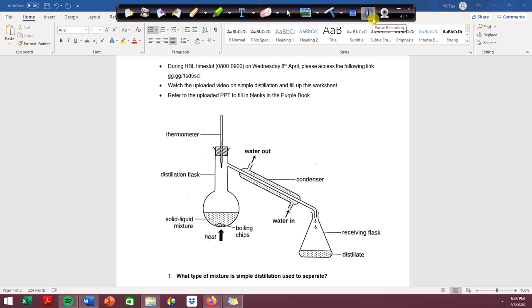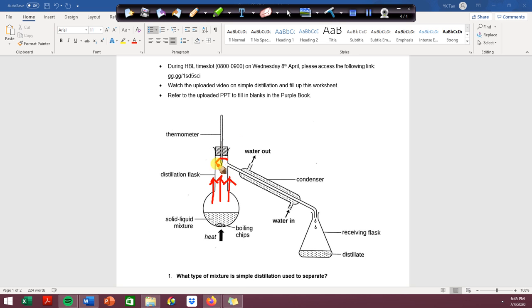Okay, so let's look at the setup for distillation and explain the principle of distillation again. The solid liquid mixture, in this case we are using salt water as an example, gets heated. Then as it gets heated, the water will boil, then the water vapor will rise.